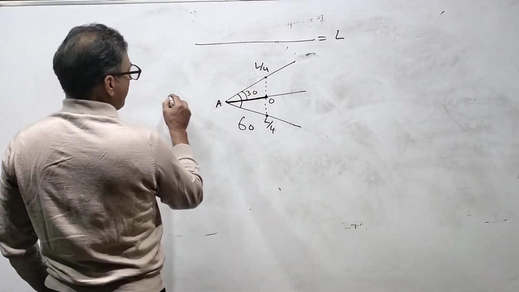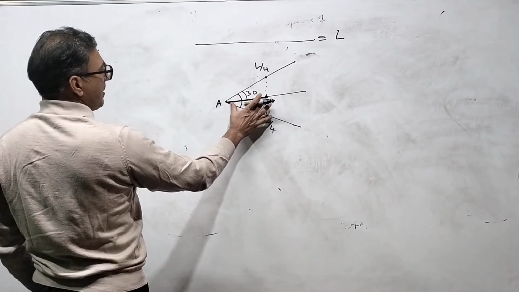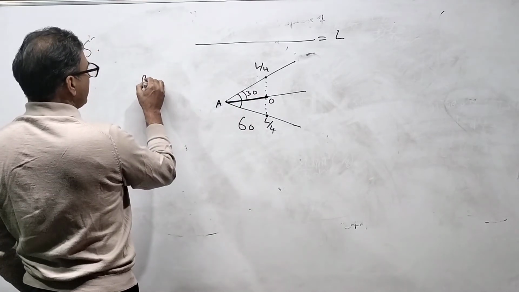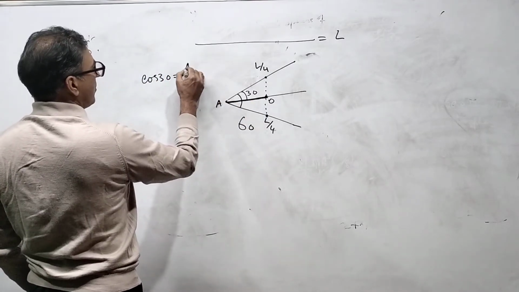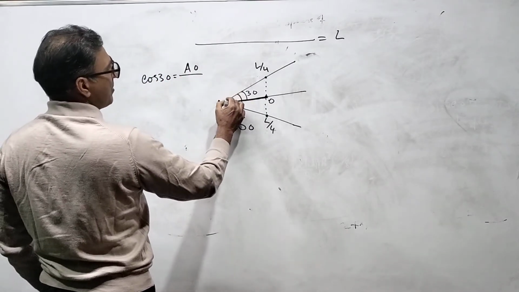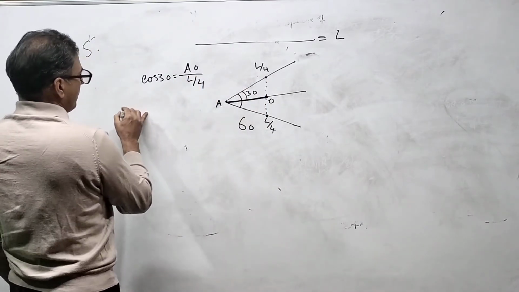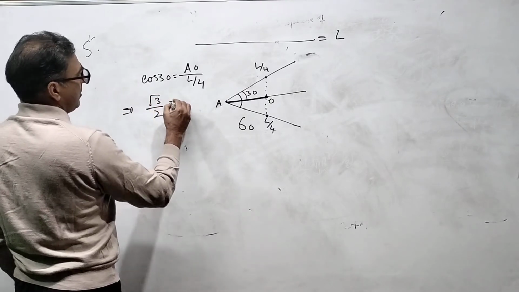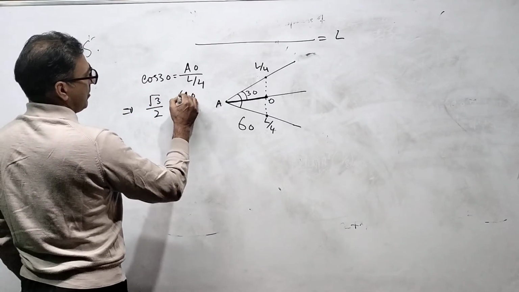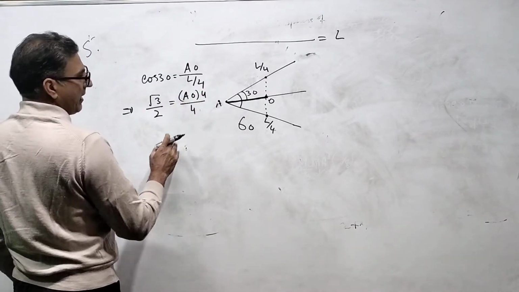In this triangle, tell me what cos 30 is equal to? Base AO by hypotenuse, which is from here to here, that is L/4. So that is √3/2 equals AO times 4/L.